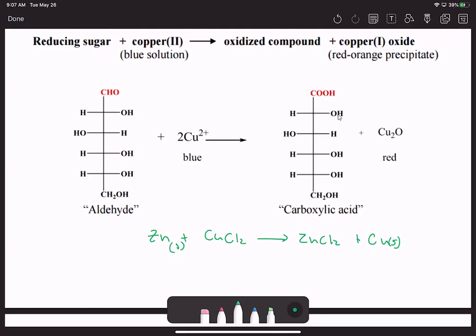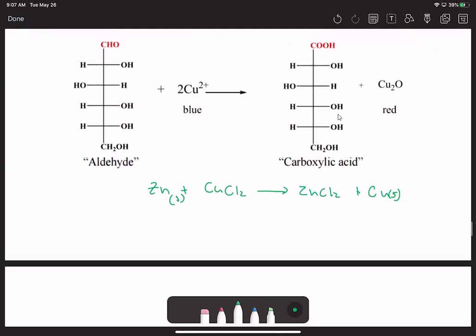All right. So here, just kind of a review of general chemistry. Oxidation number for zinc is 0. For chlorine, it's -1, and for copper, it's +2. And over here, we're going to get +2 for zinc. Chlorine is still -1, and now copper is 0.